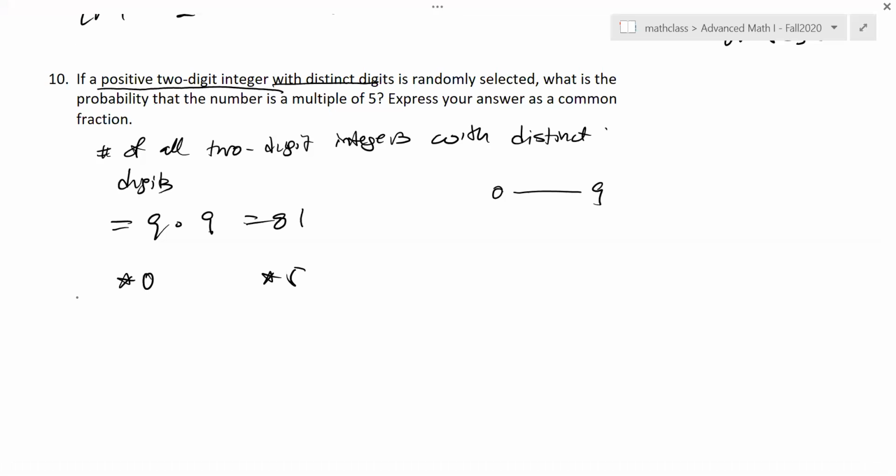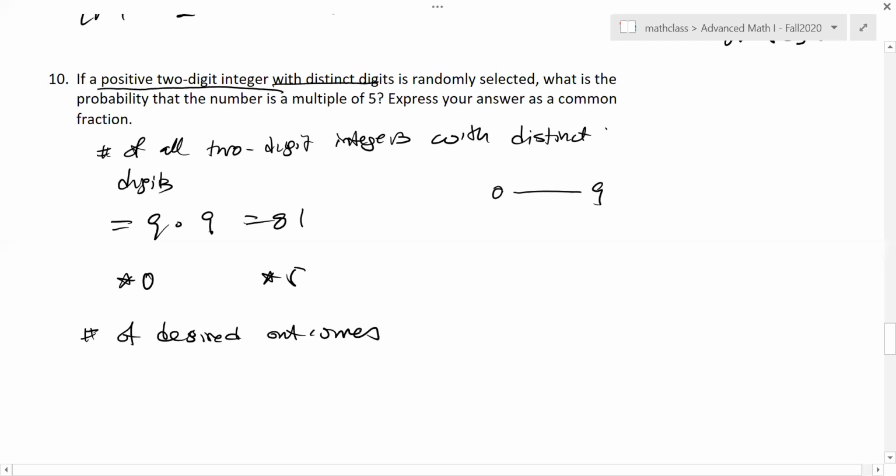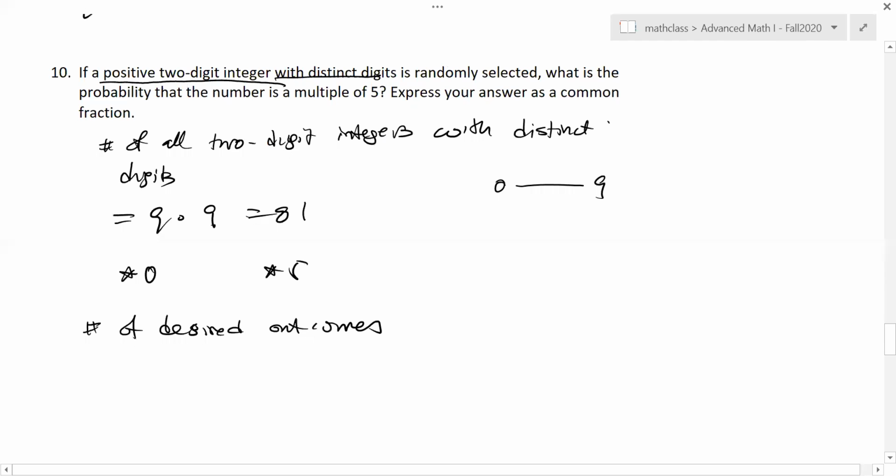So the number of desired outcomes is the number of integers which are multiples of 5 but still have different digits.